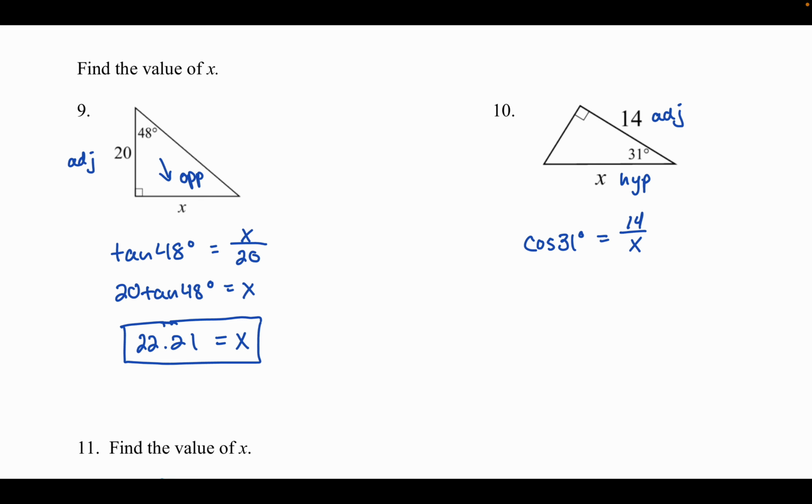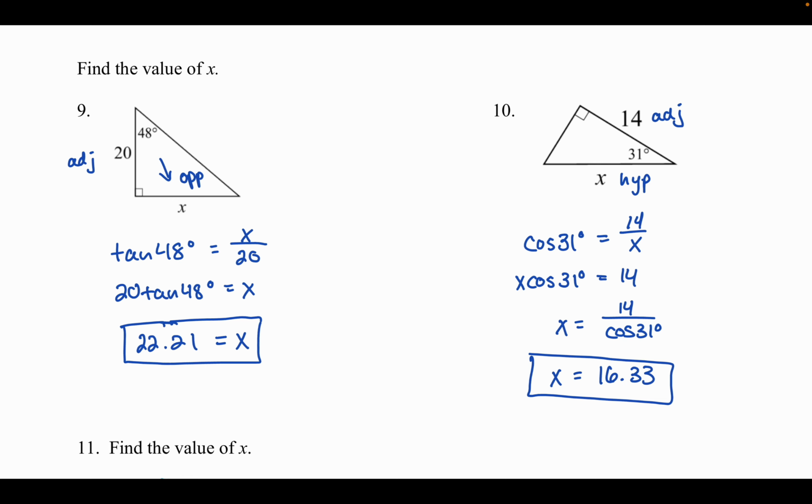So to solve this one, I'm going to multiply that x over, and then I'm going to need to divide by cosine of 31 degrees. When I plug this into my calculator, we get about 16.33. Okay.